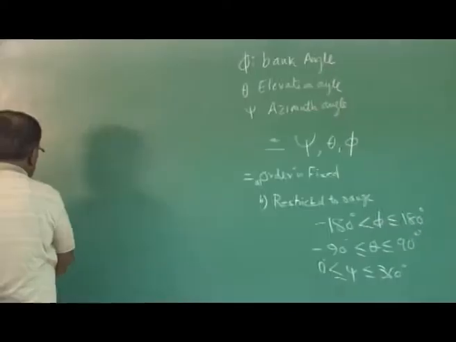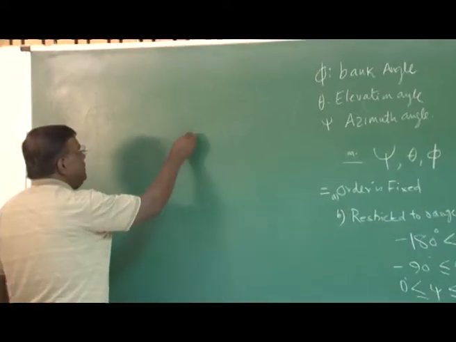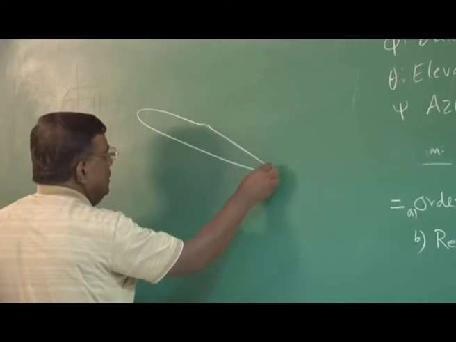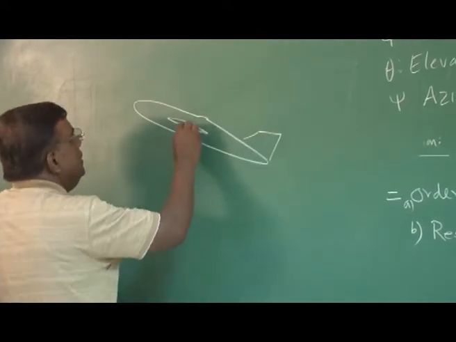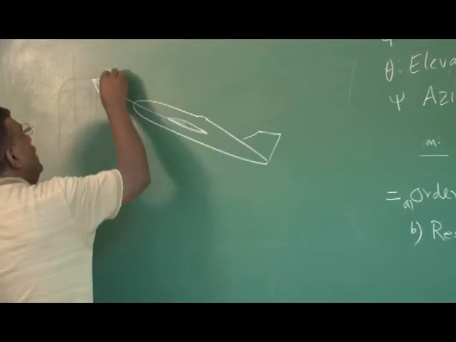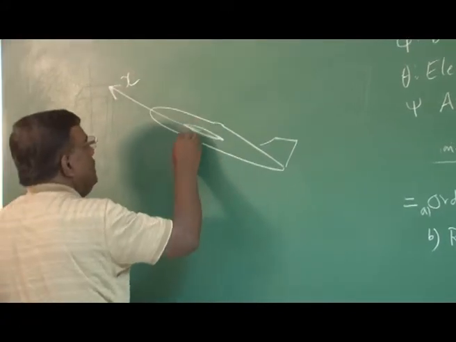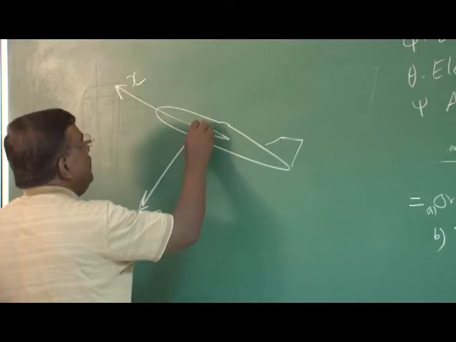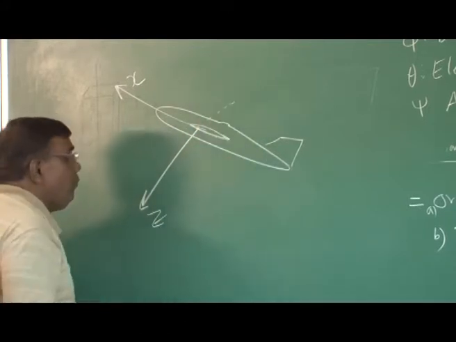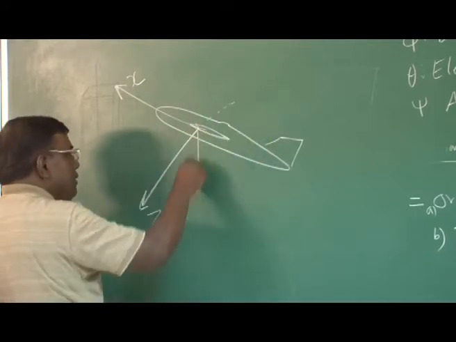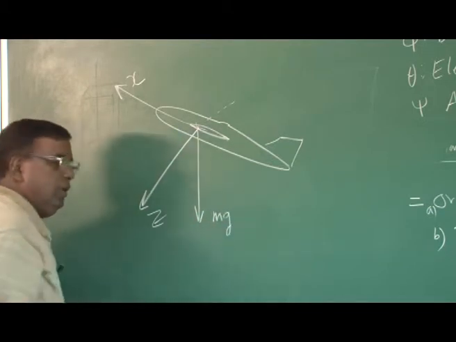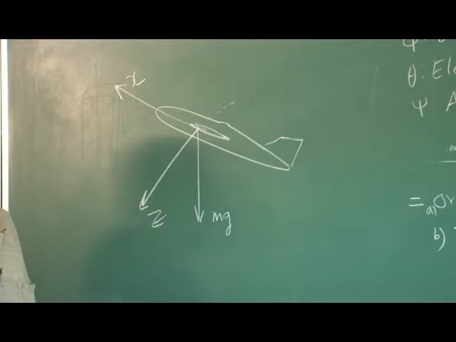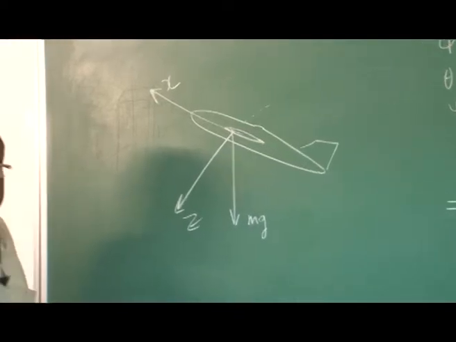That is more important. We have just seen that if I take two configurations like this, this is the x body axis, z body axis, and of course y, right? Now the gravity force mg will always act downward, which will be in direction of the inertial z axis, right?